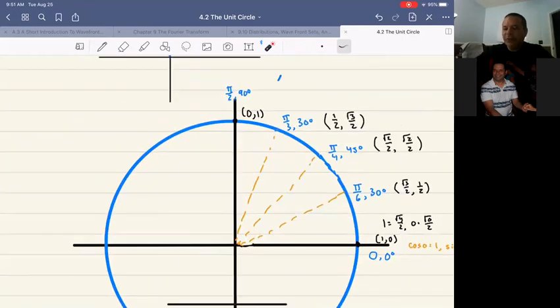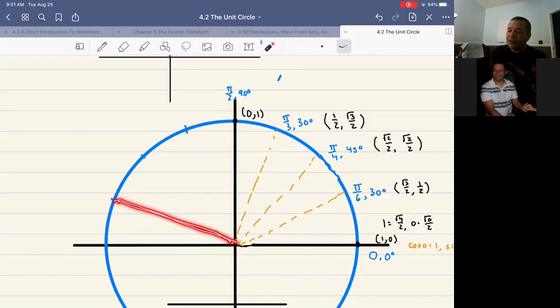Now, we can extend this. We actually extend it in much the same way. So once we have that first quadrant, we really don't have to do much for the rest. So we have these 3 angles. Now this angle here is 180 minus 30, so 150 degrees.